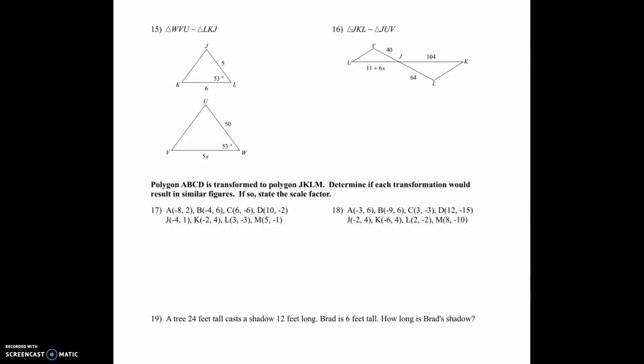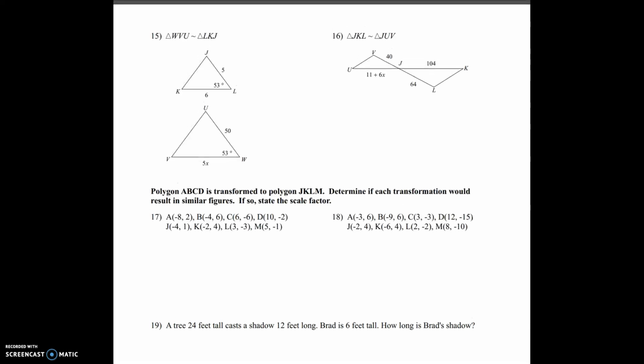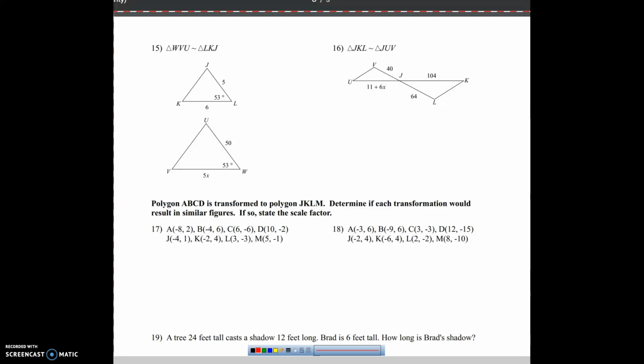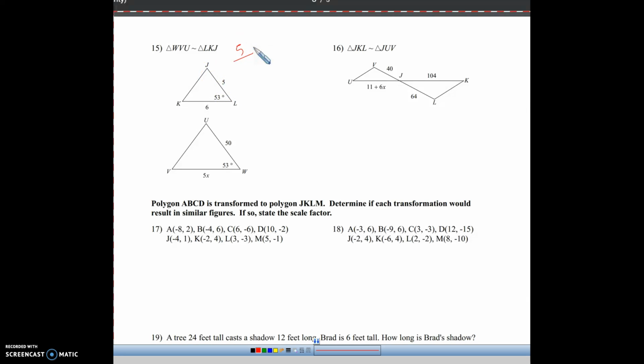Okay, 15. Still the same thing. They're similar, so sides are proportional. So we're going to keep doing the same thing. Let's do JL, which is 5. JL is 5 over JL corresponds with UW, which is 50, equals 6 over 5x.